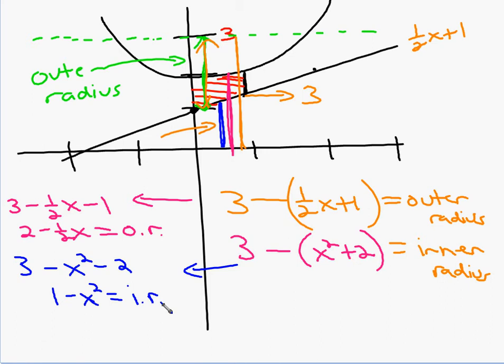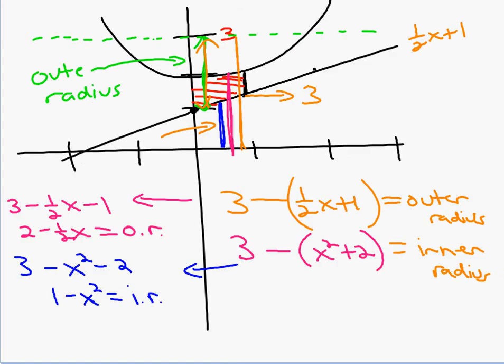And now, everything from that point on is just like what we've been doing. I would set up an integral. It's only going to go from 0 to 1 of that outer radius, 2 minus 1/2 x, quantity squared.